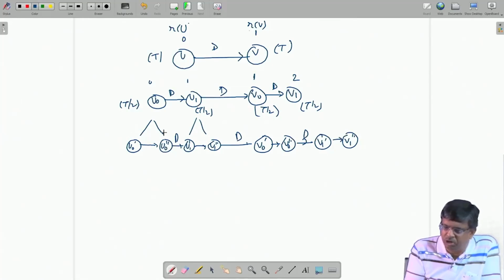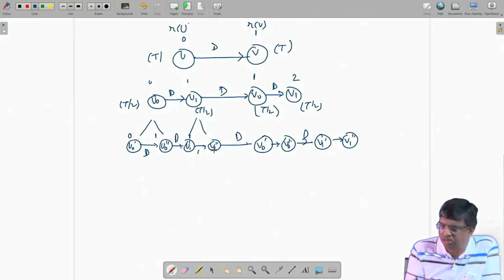Again choose 0 here, 1 here, so you have a delay: 1 plus 1 minus 1, so 1 remains 1, so the delay remains. Then you want to have a delay here. If it is 1 already, choose 2, so 0 plus 2 minus 1. That means here you choose 0, 1: so 0 plus 1 minus 0, 1. You choose 1: 1 plus 1 minus 1, so 1 remains 1.